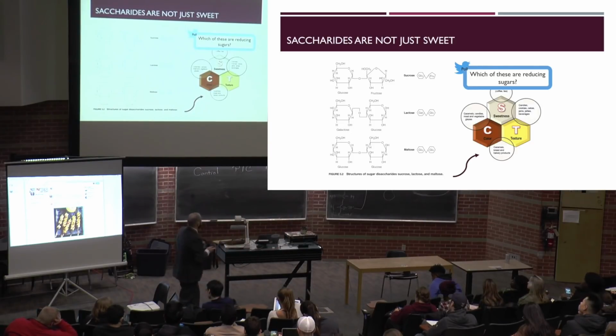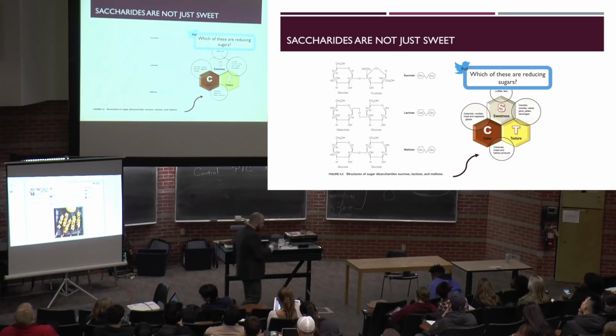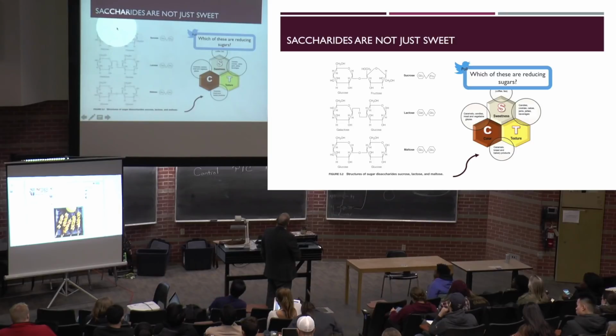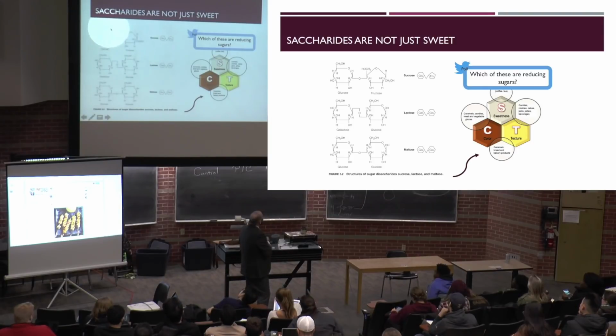So of these sugars, we have three different disaccharides. We have sucrose. So if we look at sucrose, we've got two hydroxyl groups, two oxygen groups within that ring structure. Is this first one a reducing sugar? Is this one able to undergo linearization?